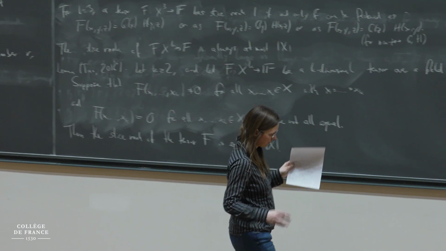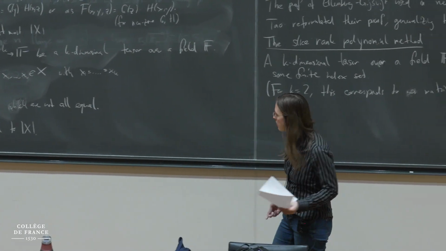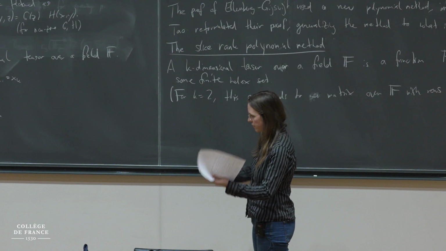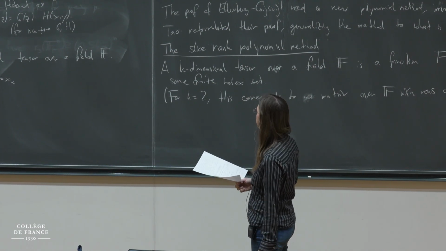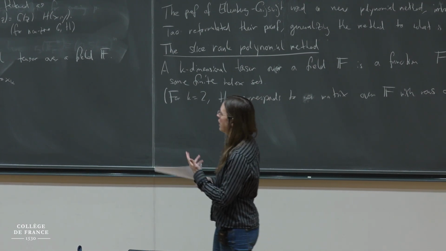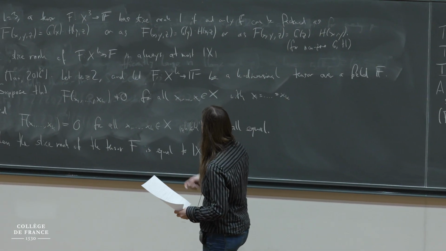So the rough pattern when applying the slice rank polynomial method to some problem is: from the problem you're given some structure, for example, a subset of F_p^n without a three-term arithmetic progression, and then using that structure, you define some tensor.